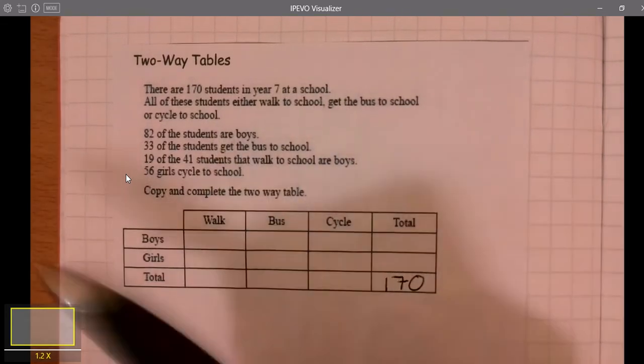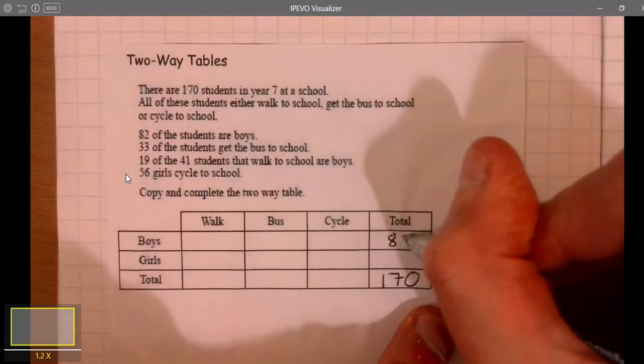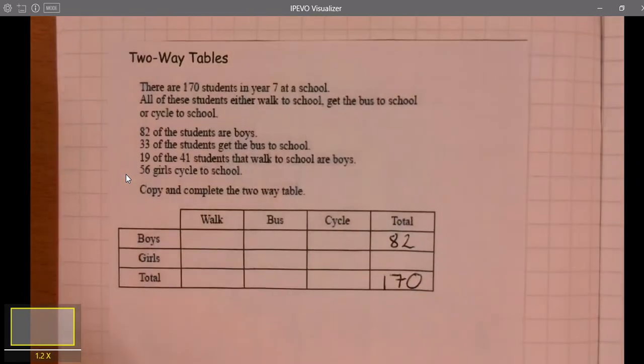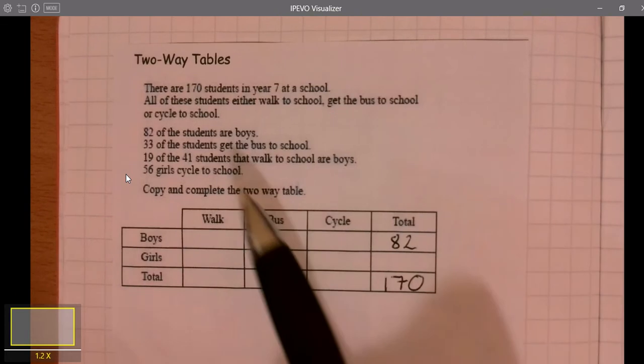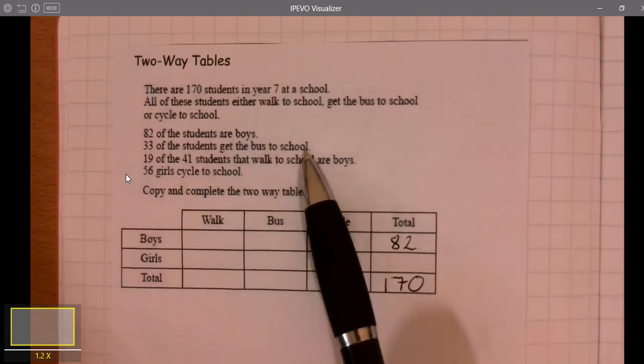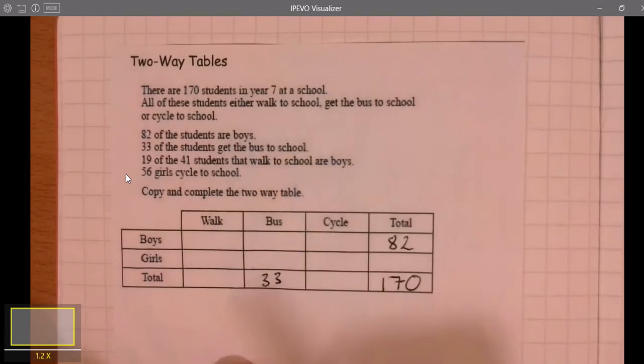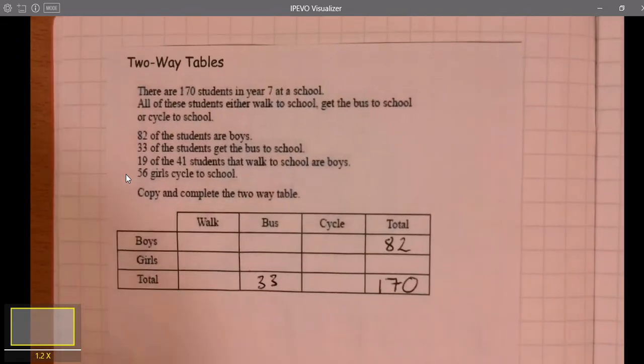82 of the students are boys, so we can write 82 in there. We're just going to put in whatever information we can. 33 of the students get the bus to school. It doesn't say anything about boys and girls there.